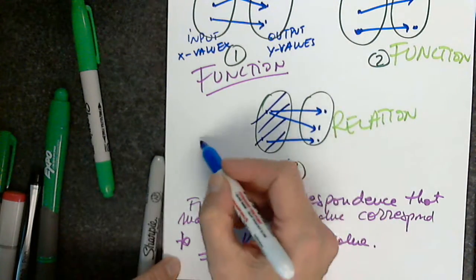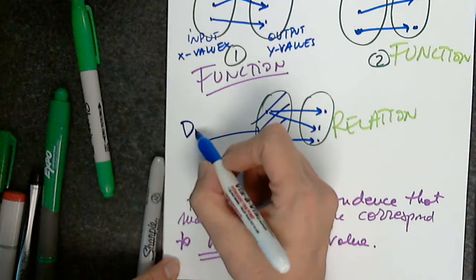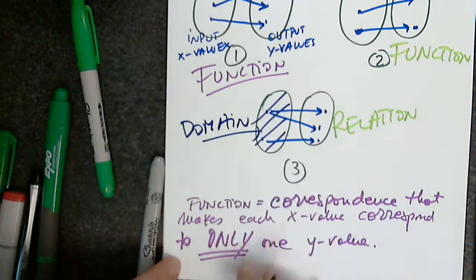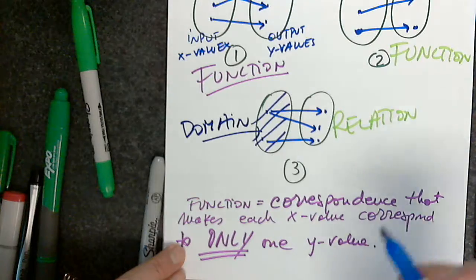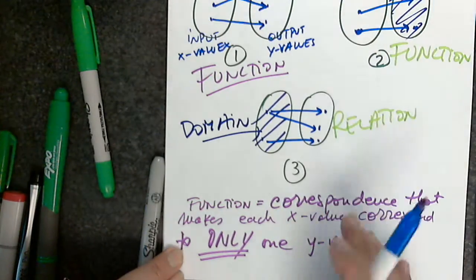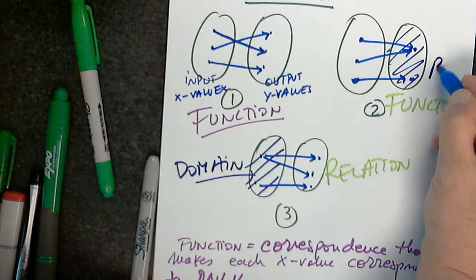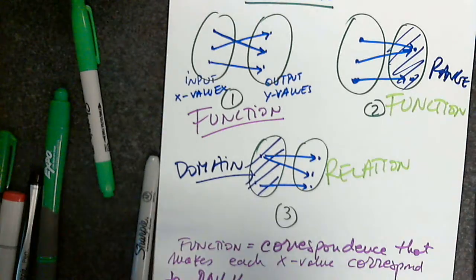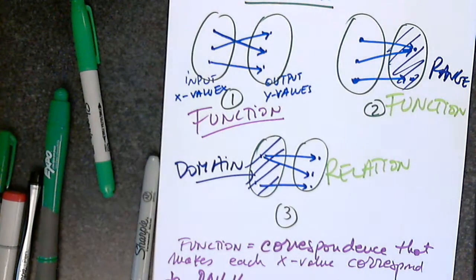This set, for both, is called domain. This set, for all these situations, is called range. So values of y, range. Values of x, domain.